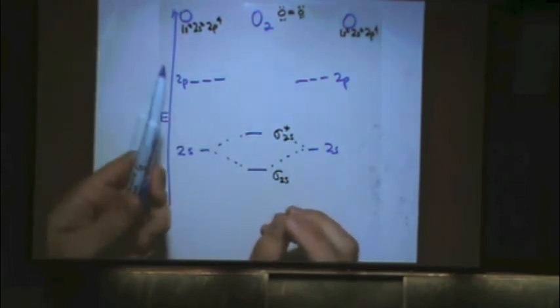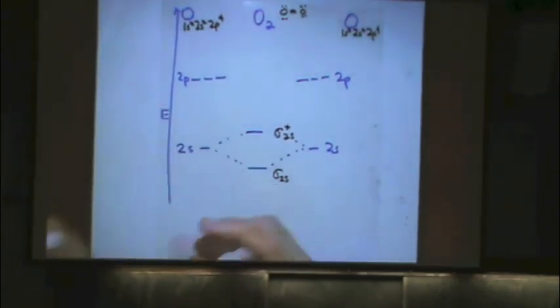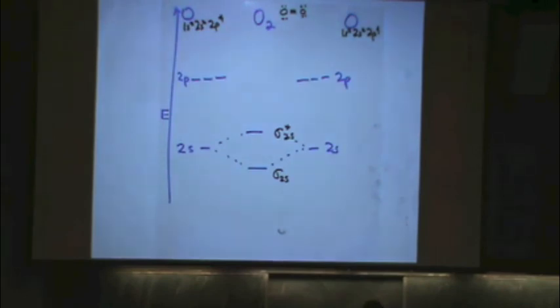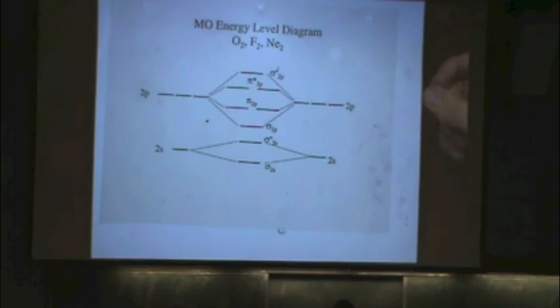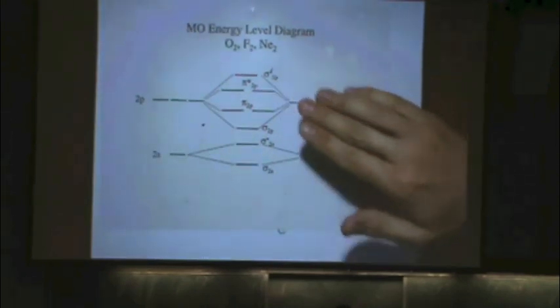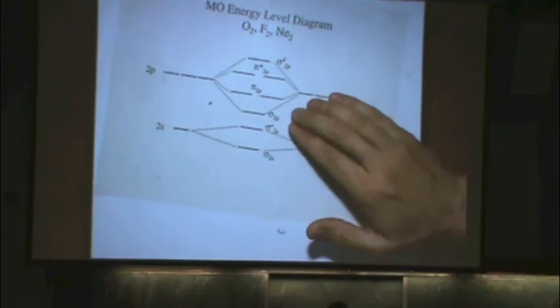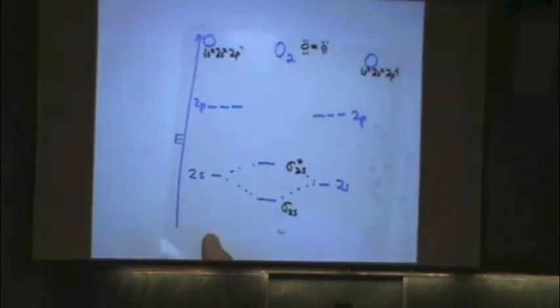Okay. Then for the 2p, what I'm going to draw now looks pretty similar to the neon, but now I know I'm oxygen or higher, so I'm going to draw this template right here. So I'll repeat that in my picture here.